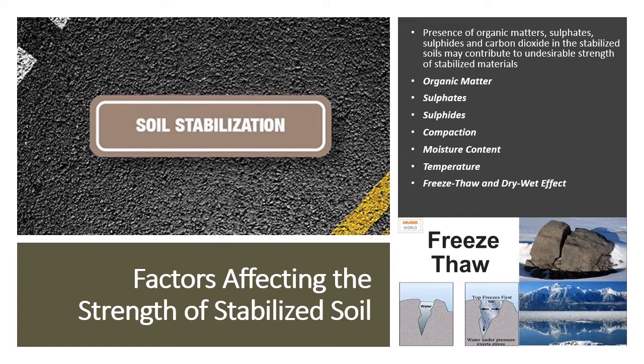Factors such as organic matter, sulfates, sulfides, compaction, moisture content, and temperature can affect the strength of the stabilized soil. The first factor is organic matter, the organic content in the soil that can affect the stabilization process.